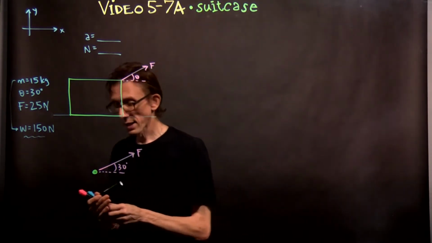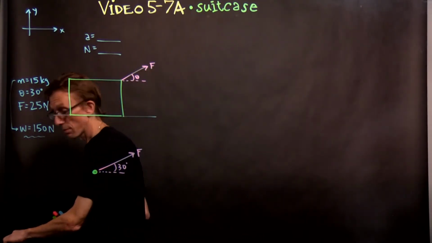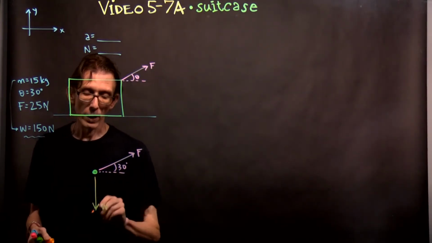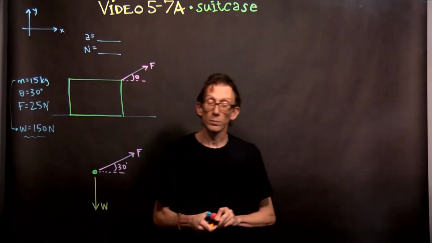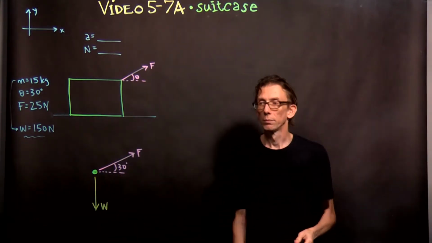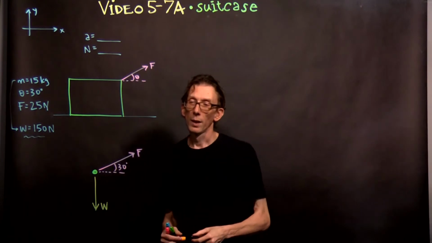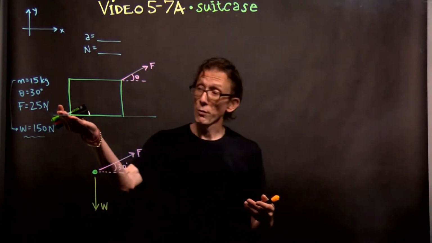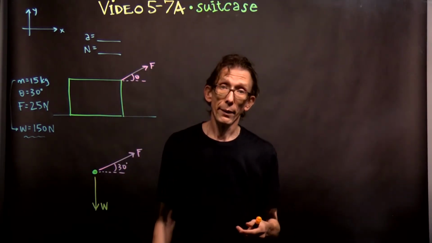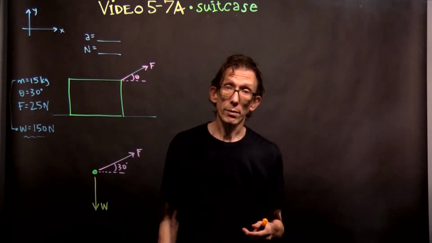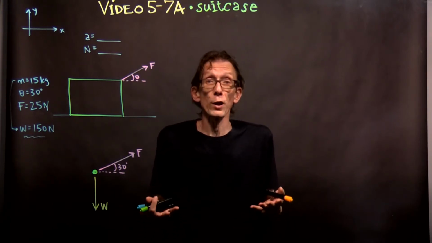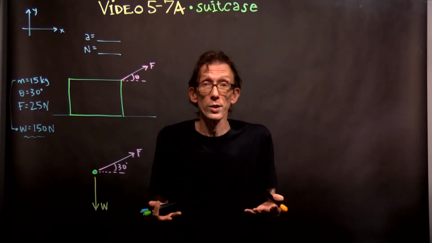There's going to be the weight vector down, magnitude mg, negative direction. And then there's going to be the force of the floor up on the suitcase. It's not falling down through the floor, the floor is supporting it. It's going to feel a contact force, a normal force from the floor.